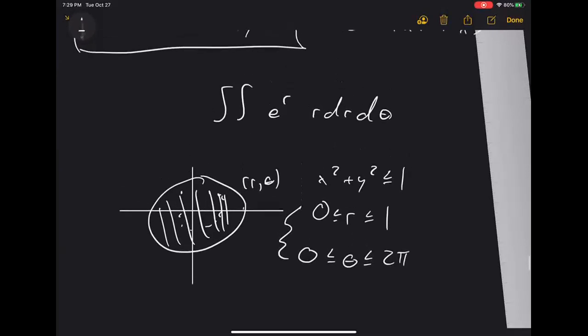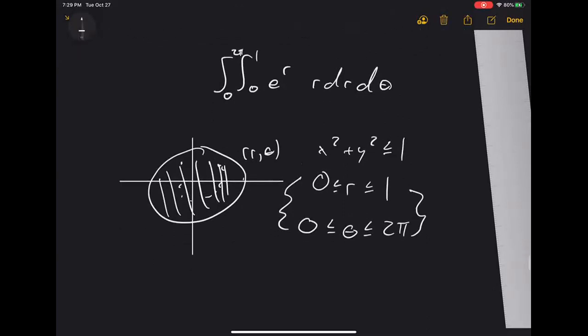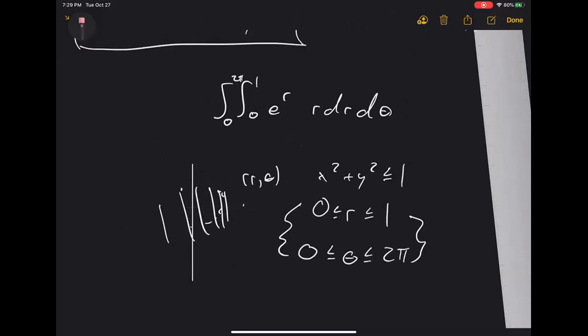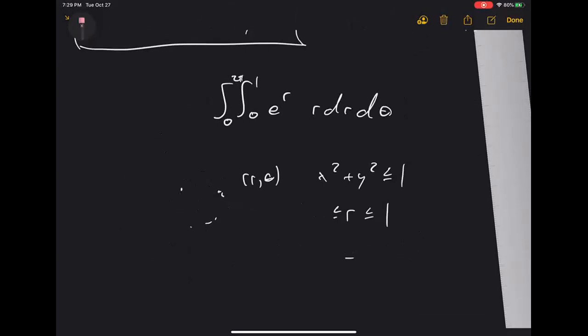So my bounds for this integral are here. I'm integrating in terms of r first, so I have 0 to 1 for r, 0 to 2 pi for my theta bounds. And now this integral is really easy to do, right? You just have e to the r times r. I'm integrating in terms of r. We could do this with integration by parts, so we're still using those tools from Calc 2.